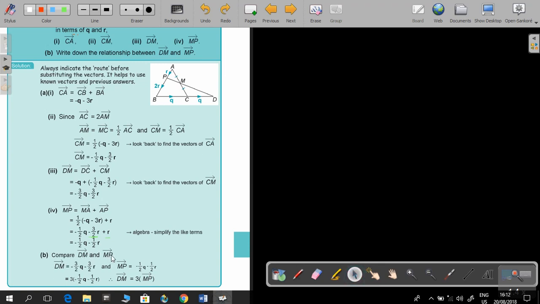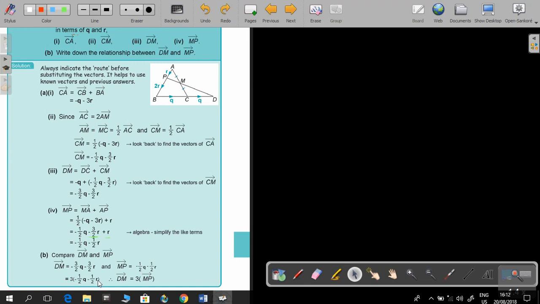compare DM and MP. So let's just see DM and MP. Now just look up. I already have DM, just write it down. I already have MP, just write it down. And now if I compare it, see if you can take it, it's something to do with parallel. So see if you can take out a common factor. So let's take out 3.